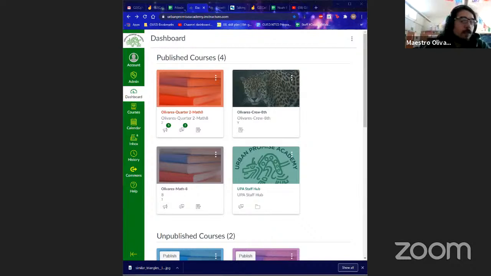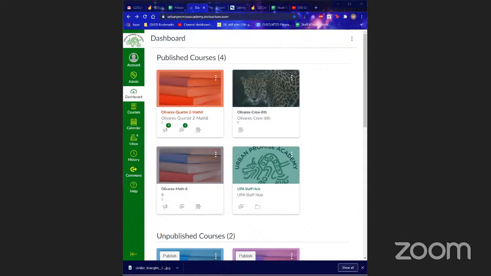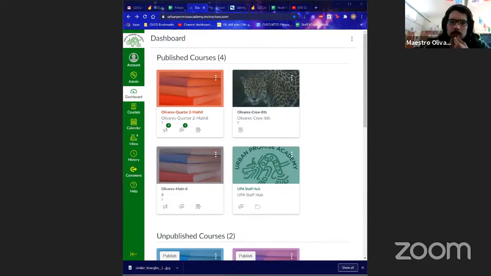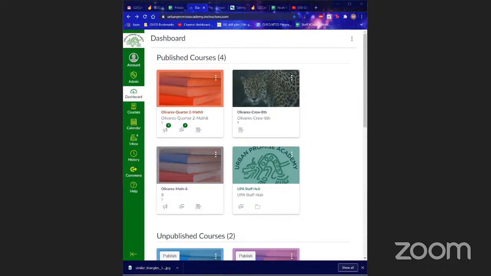This is what you're going to do for homework: the exit ticket slope. But what I want you to do right now is this one, the growth mindset check-in. We can't see what you're doing. We're just on the home Canvas page.